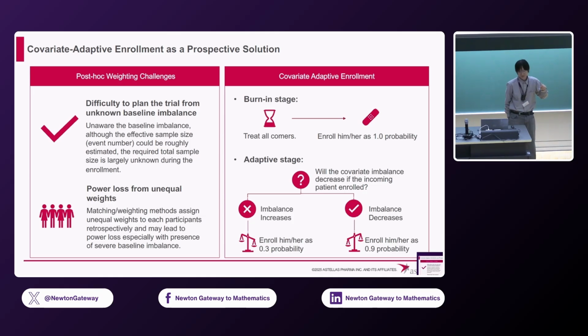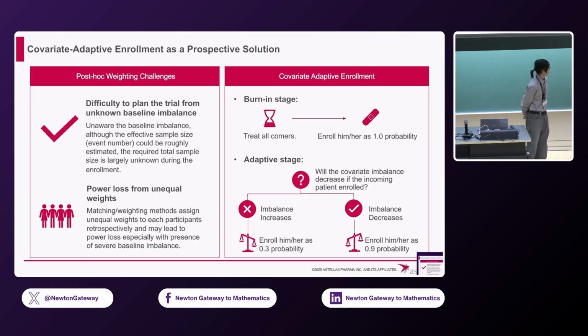But the existing retrospective methods have some challenges. The first challenge is the difficulty of planning the trial, because if there is no covariate shift, we can use the standard sample size calculation. But there is unknown baseline imbalance before the trial, so it will be hard to decide when to stop the trial.